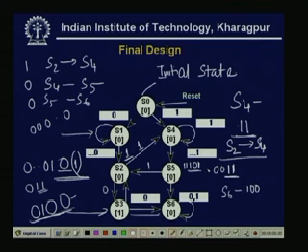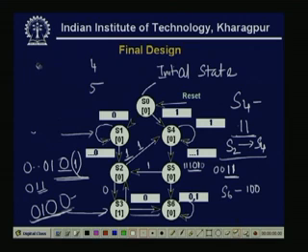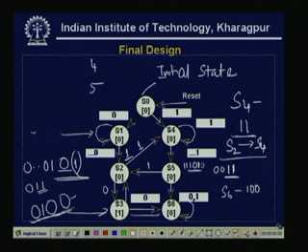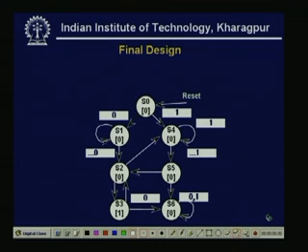It will go to the S2 state, because if we start again, this is a 01 state, and again a 10 can come. So the S5 to S2 transition occurs. So these are my final design of the pattern recognizer.